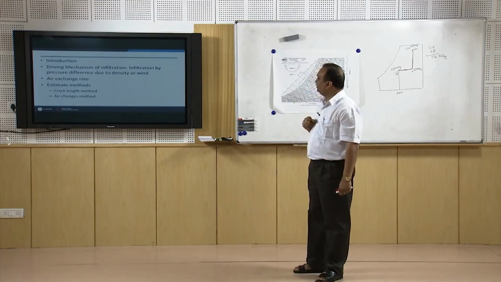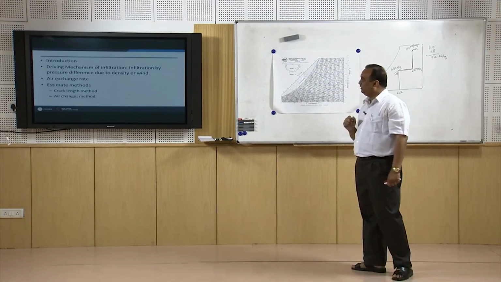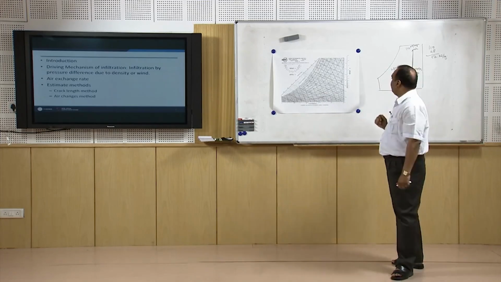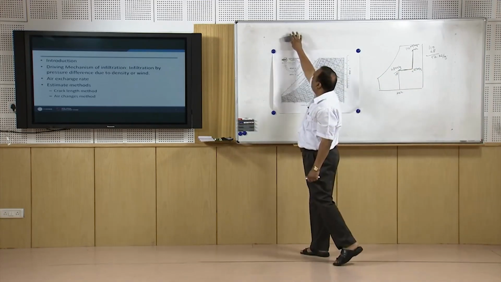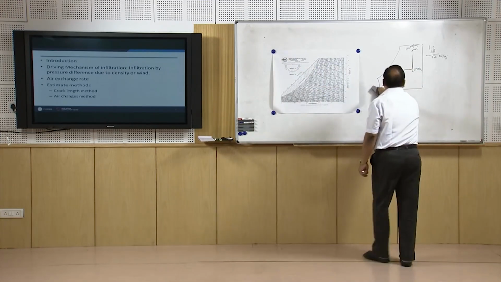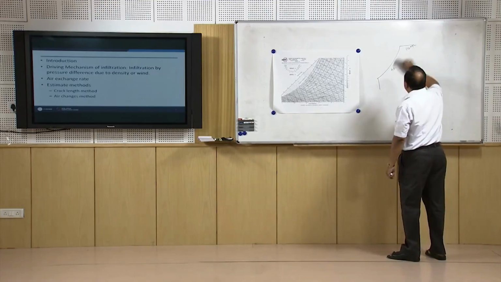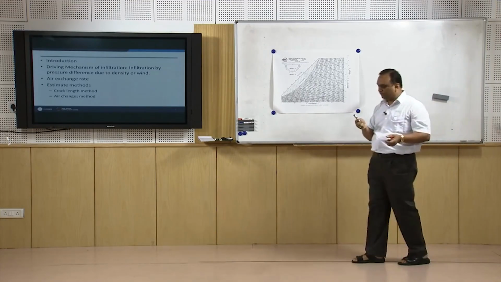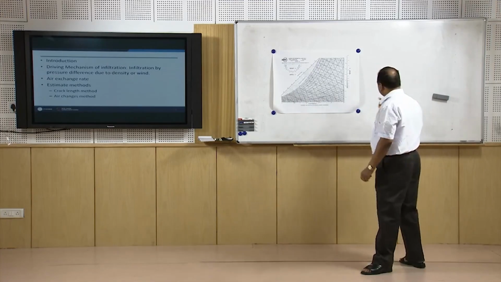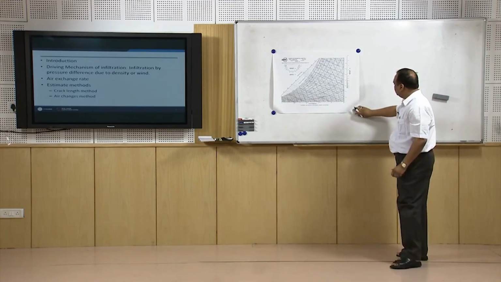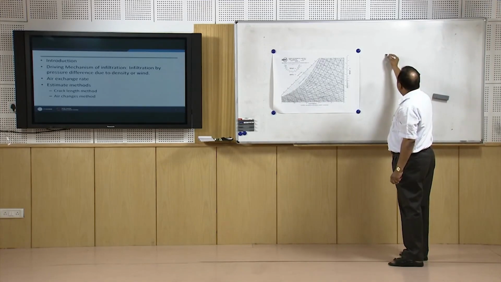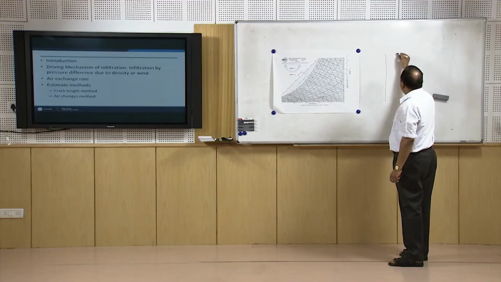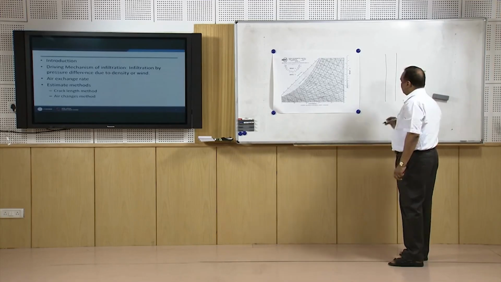Before we do the estimation of infiltration in the building, let us understand the driving mechanism of infiltration in the building. Now, let us talk about a high-rise building of 5 stories or 10 stories, or maybe a low-rise building also. It is not totally airtight.